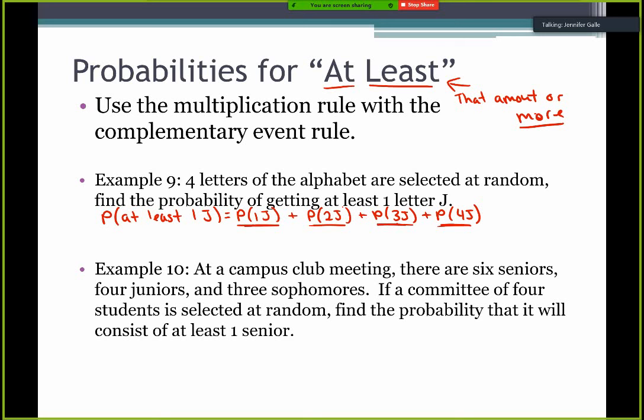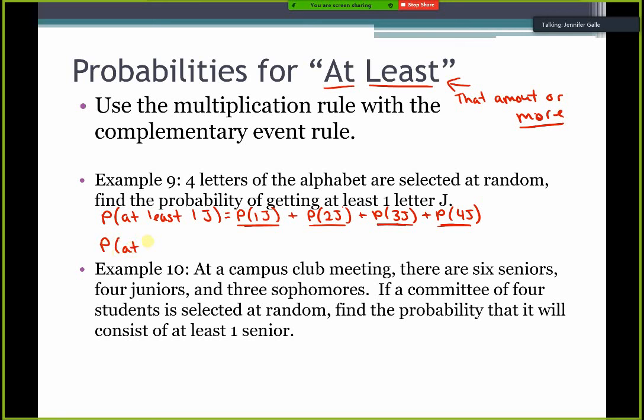So instead of having to figure out those 4 separate probabilities involving selecting 4 letters, multiplying 4 probabilities together for each one of those and then adding them all together, instead of worrying about 1 or more, what's the only case I haven't considered? How many J's? 0 of them.